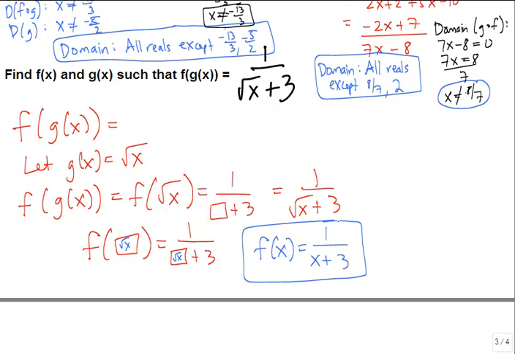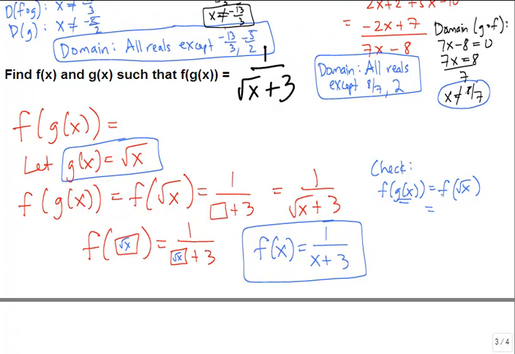So there's our guess for f, and here was our guess for g, and let's check that these are the correct choices. So if I try to find f of g of x, the first thing that I would need to do is evaluate g of x, and we're saying that g of x is square root of x.